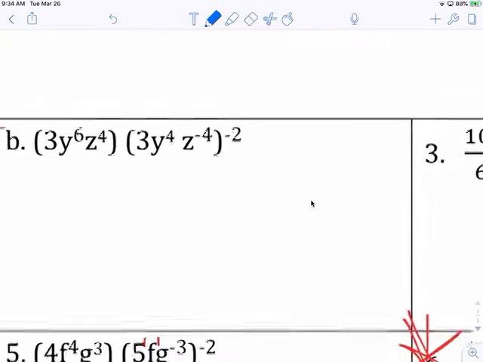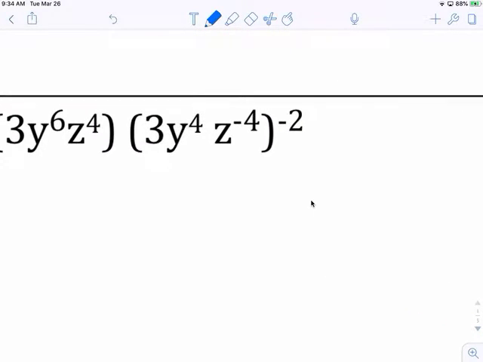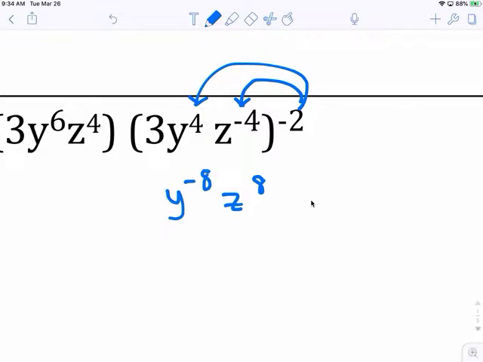Okay, B is this. Distribute that. Z to the 8th power. That, y to the negative 8. That's a 1. 3 to the negative 2.